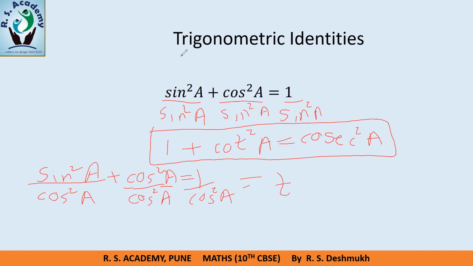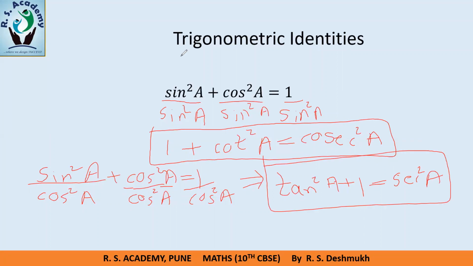So it gives me tan square A plus cos square upon cos square is 1, and 1 upon cos is sec. So that is sec square A, and hence 1 plus tan square A is equal to sec square A.